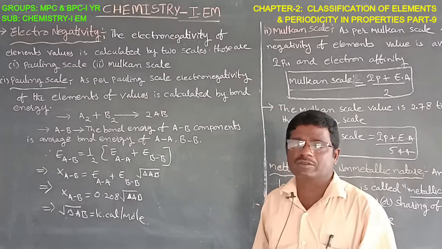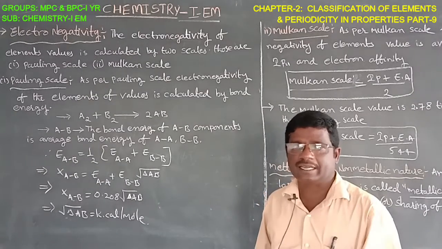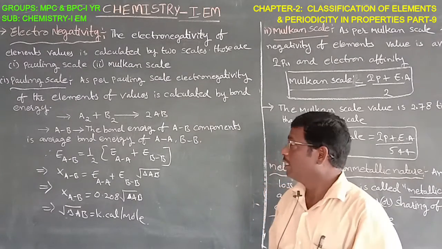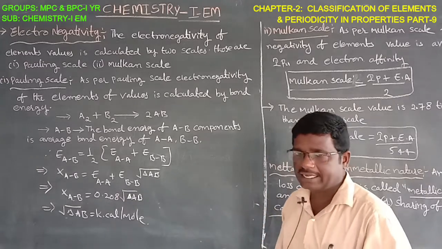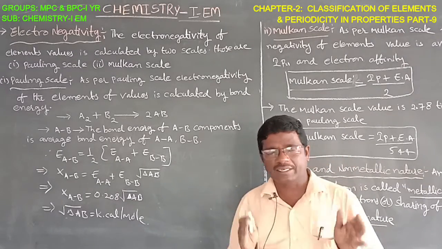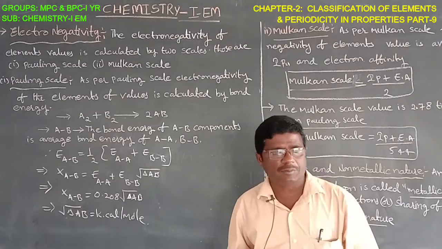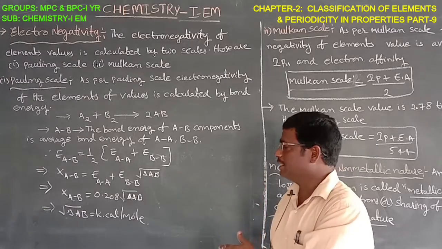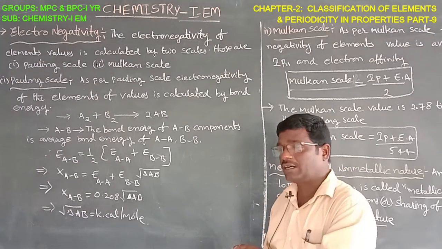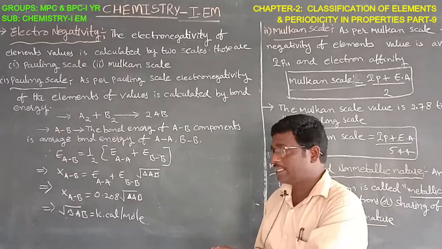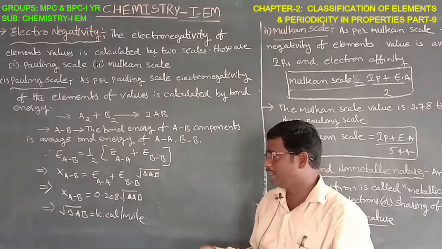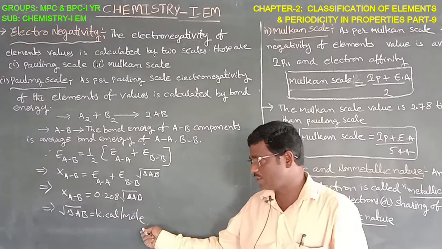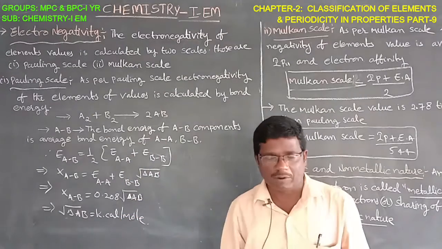As per the Pauling scale, when the A2 molecule reacts with the B2 molecule it gives 2AB. The A-B bond energy equals the average bond energy of A-A and B-B, calculated from the square root of delta AB in kilocalories per mole. That is the Pauling scale.